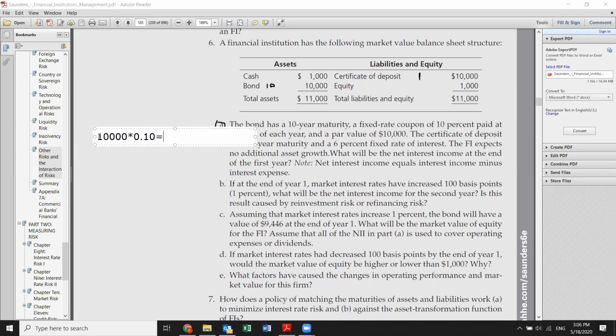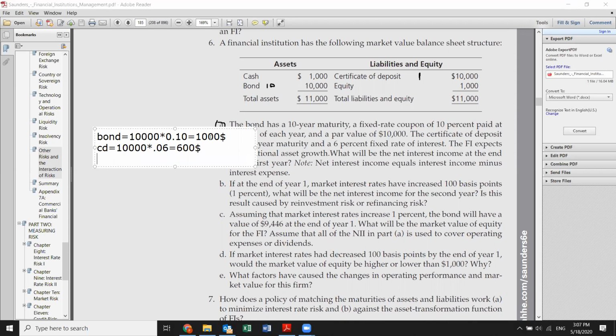This is the bond we provided, and this gives us $1,000. And the certificate of deposit is equal to 10,000 with 6%, which is equal to $600.